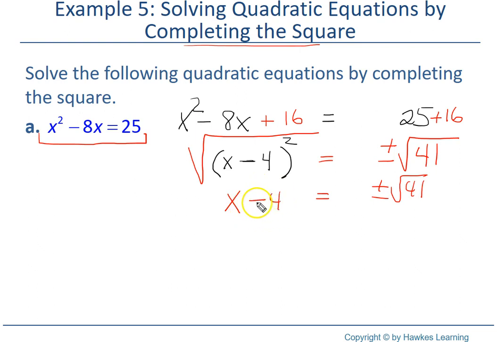And I take over my negative 4 to this side. It becomes a positive 4. So I can take it off this side. And there's my solution. x will be 4 plus the square root of 41 and 4 minus the square root of 41.